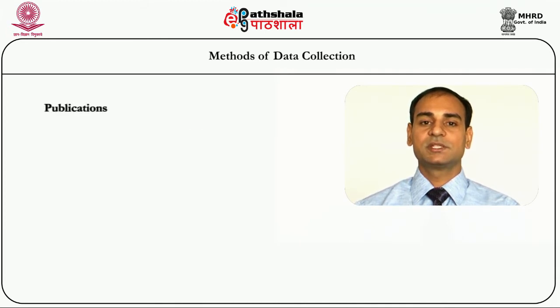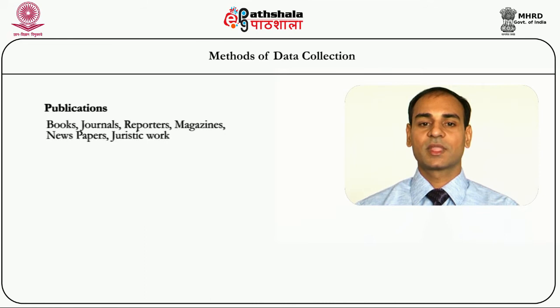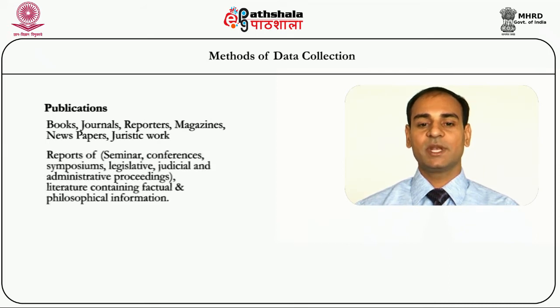Publications, published means, are usually used as a good source for data collection in the doctrinal research method, like books, journals, reporters, magazines, newspapers and juristic work, which are easily available in the library of educational and other official institutions. Reports of seminar, conference, symposium or of any legislative, judicial or administrative proceeding, if published in any documentary form, can be a credible source of information for doctrinal research.